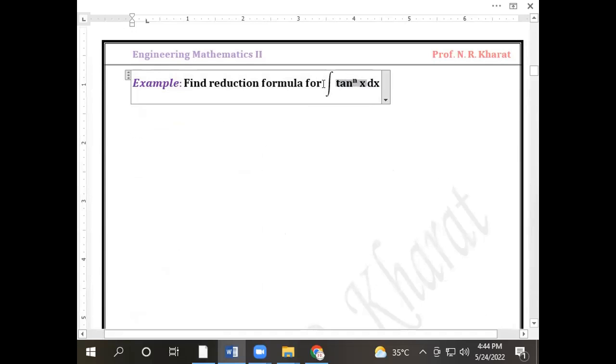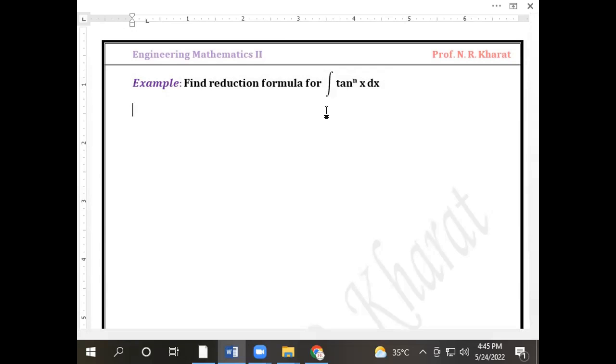So we have to assume this integration is equal to some letter. Here the index of tan is n, so we assume the given integration is equal to I_n. So we say that I_n is equal to integration of tan raised to n of x dx.